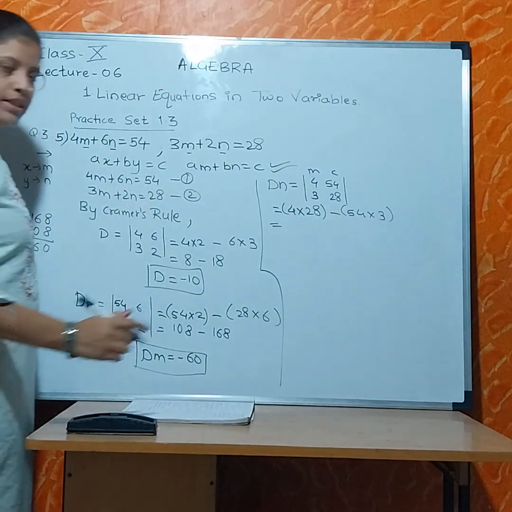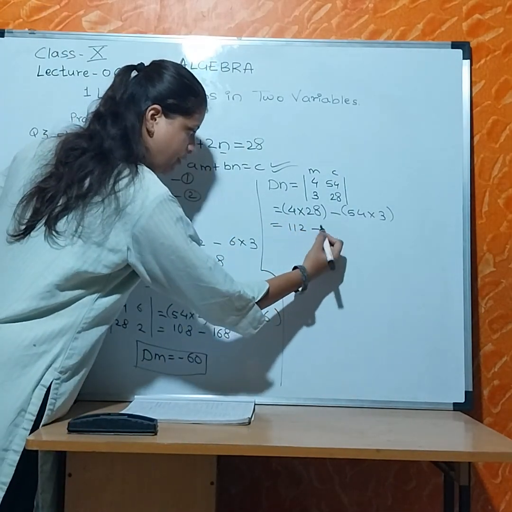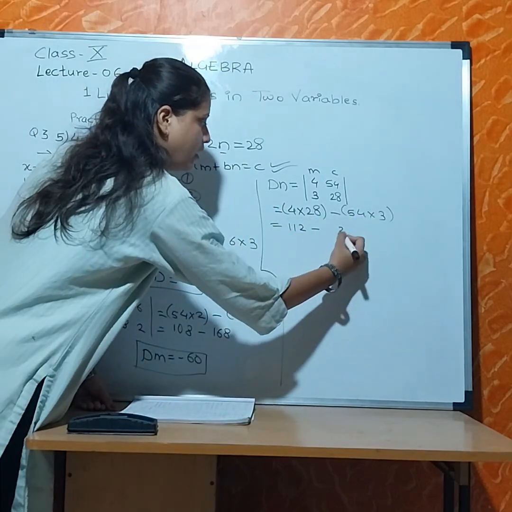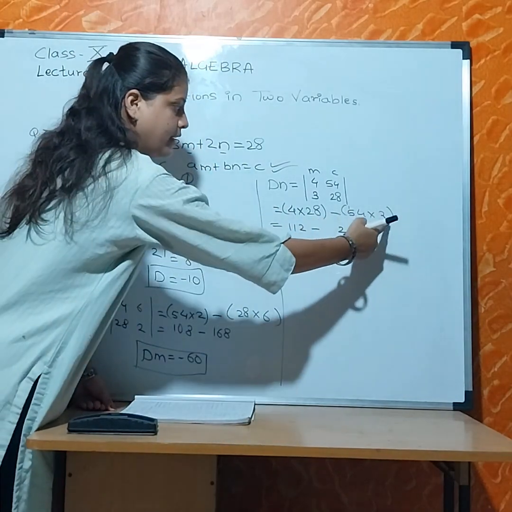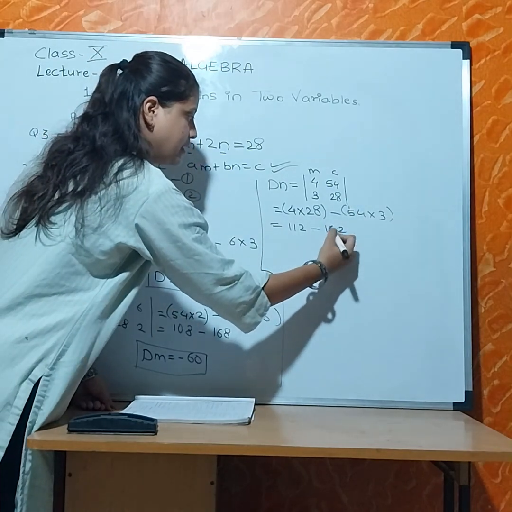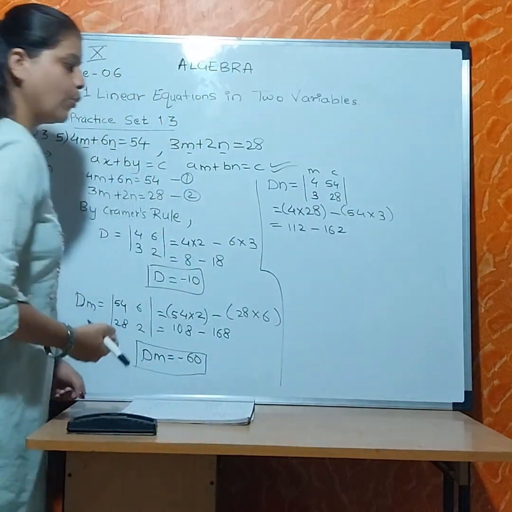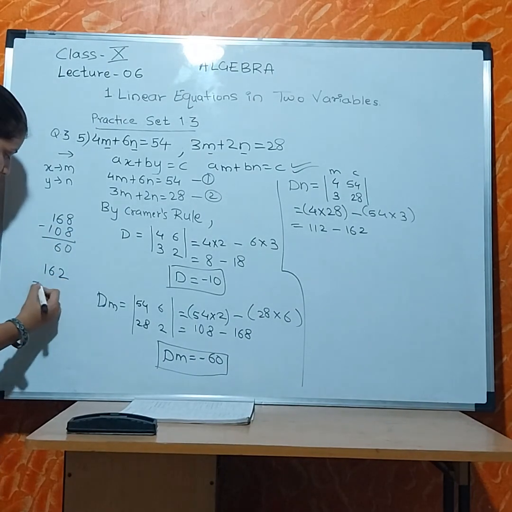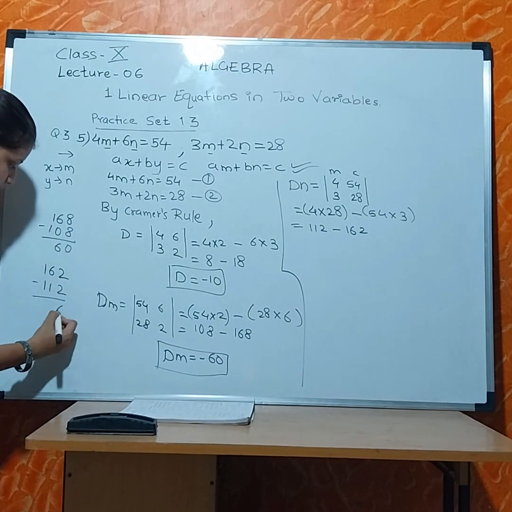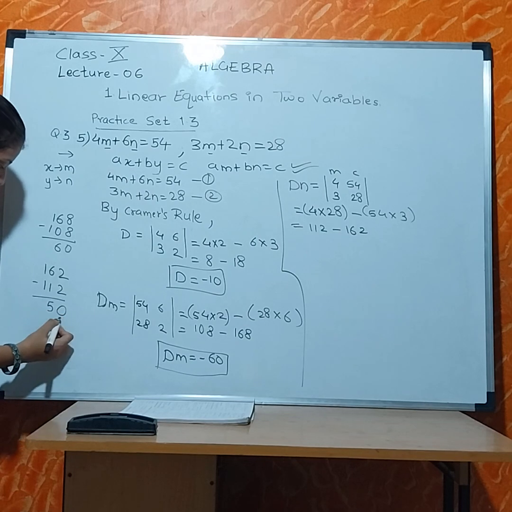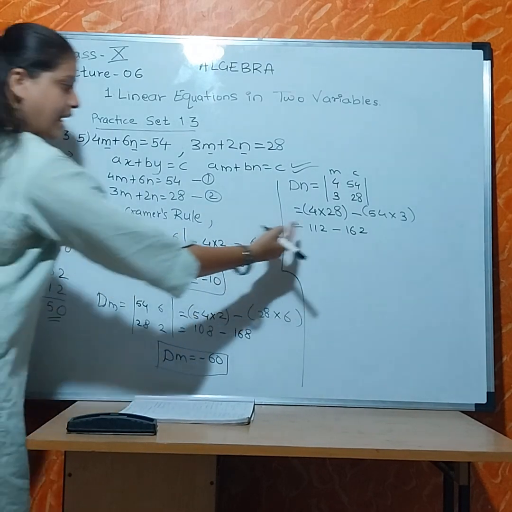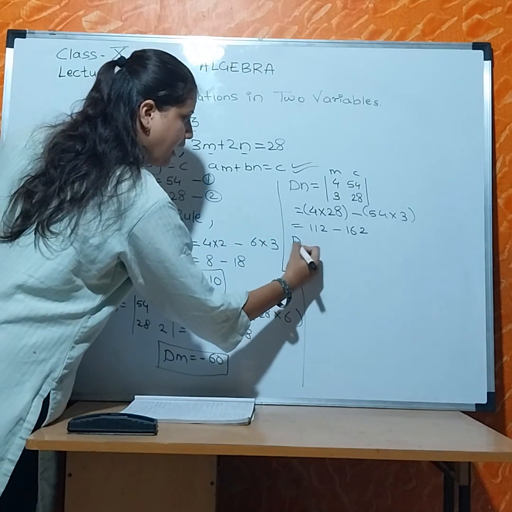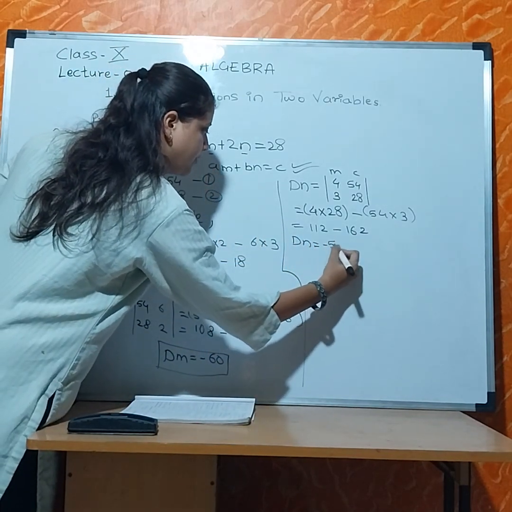So 28 4s are 112 minus 54 into 3. How to perform? 3 4s are 12. 2 here, 1 carry. 3 5s are 15 plus 1, 16. So 162. Now 162 minus 112. 0, 6 minus 1, 5. It is 50. But the sign of greater number is negative. So minus 50. Dn is minus 50.